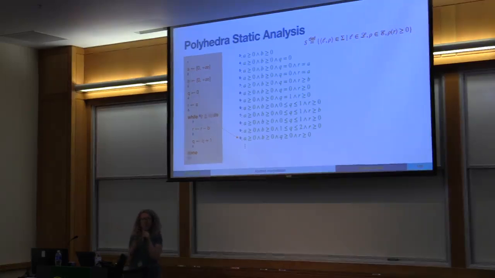In line 7, I guess you sort of lose the premise that R equals A. In line 7, up here? Yeah. You don't necessarily lose it. So here you know that R is equal to A, and A is greater or equal than 0.